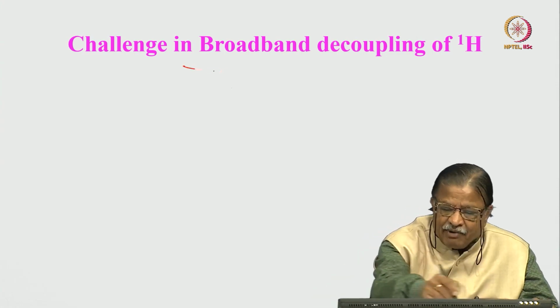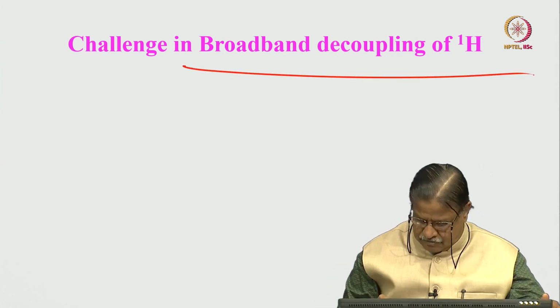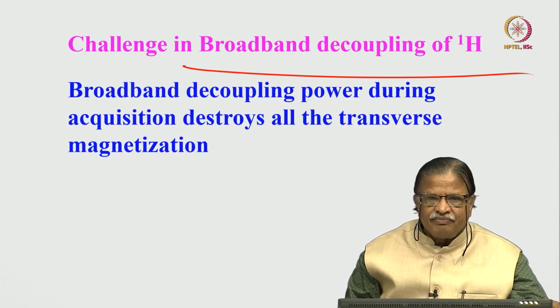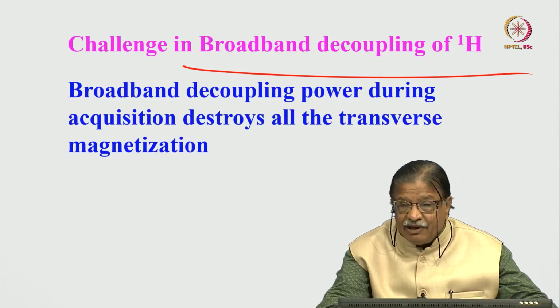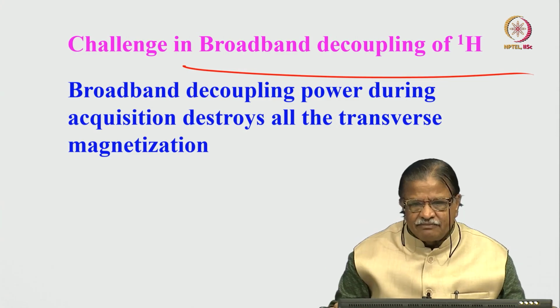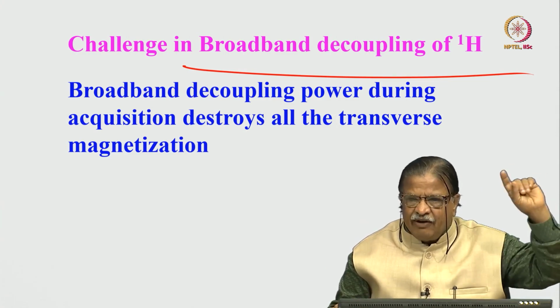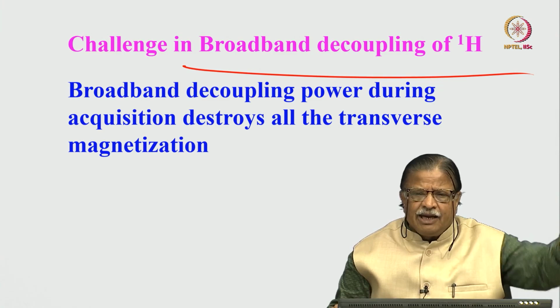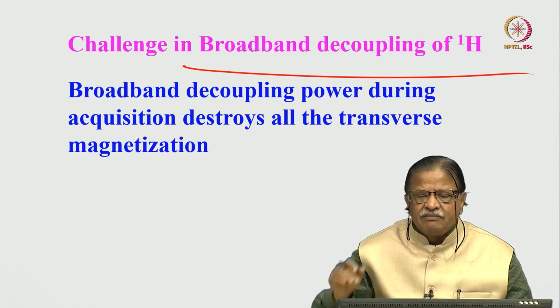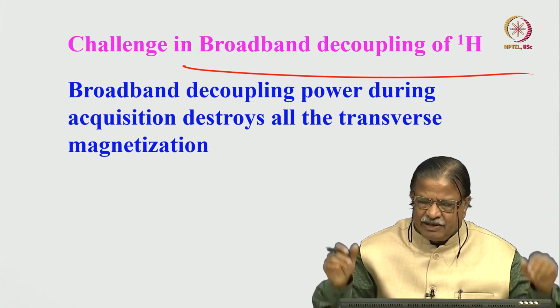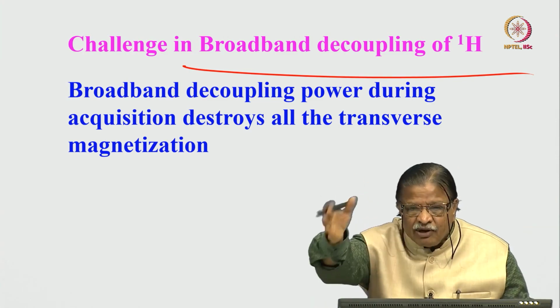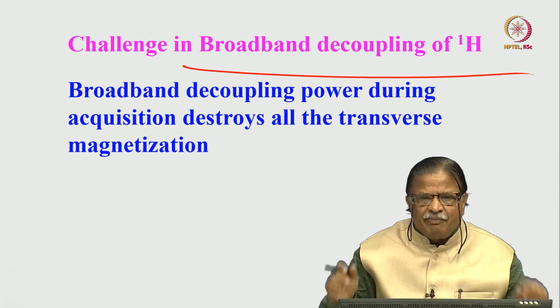There is a challenge in broadband decoupling of 1H protons. What is the challenge? When you are doing the decoupling, I apply a decoupling power. In the heteronuclear case, I was detecting carbon 13, applying a very high RF power, CW power or with different pulses, at the proton frequency such that we can break the coupling.